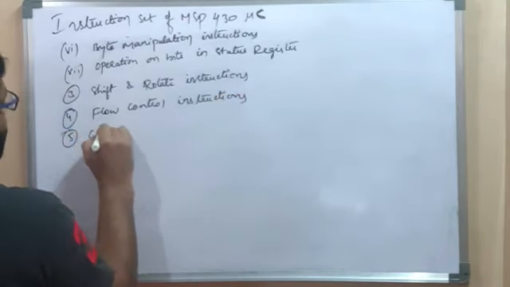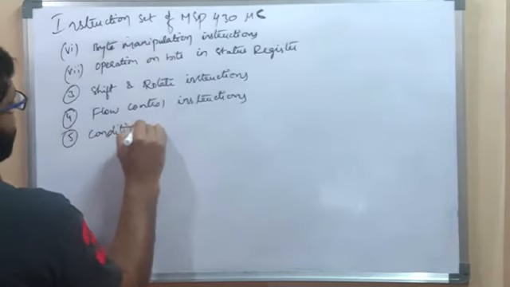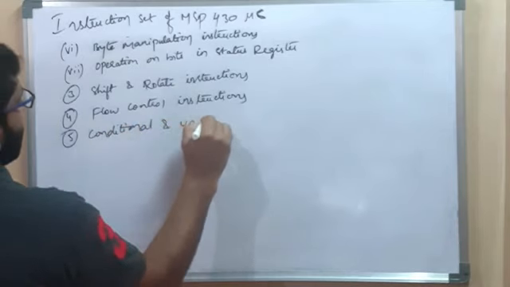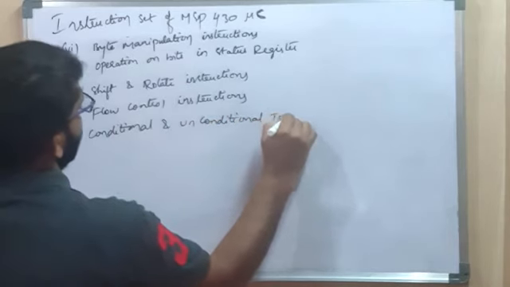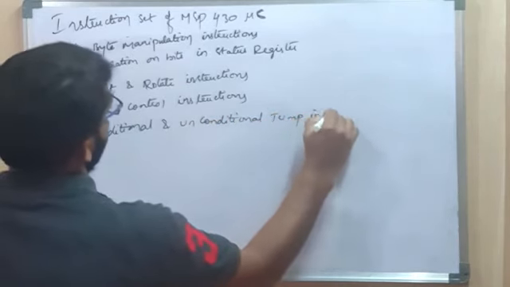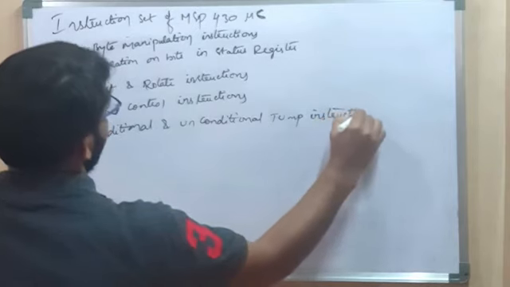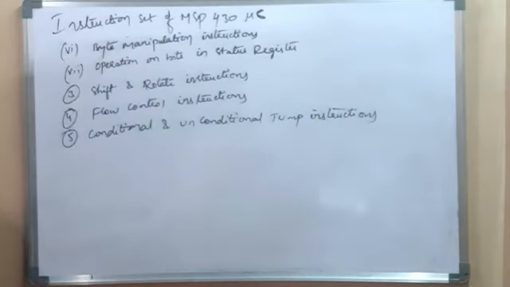Next, conditional and unconditional jump instructions. So all these are the instructions of the MSP430 microcontroller. Let us discuss each and every category in detail.